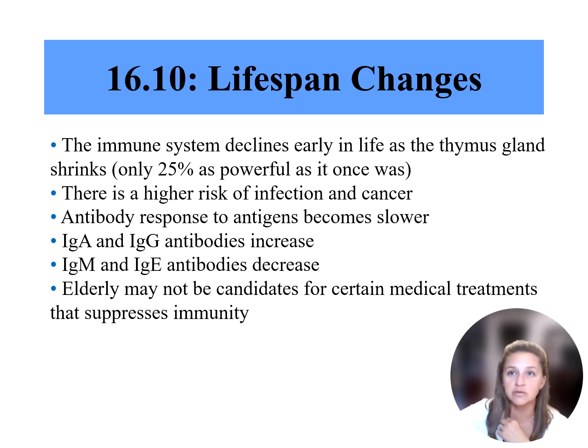So that also impacts our overall immunity. Also with aging and continuous DNA replication for new cells, there's a higher risk of cancer, also a higher risk of infection. Antibody response to antigens may get slower. Also antibody production can change.